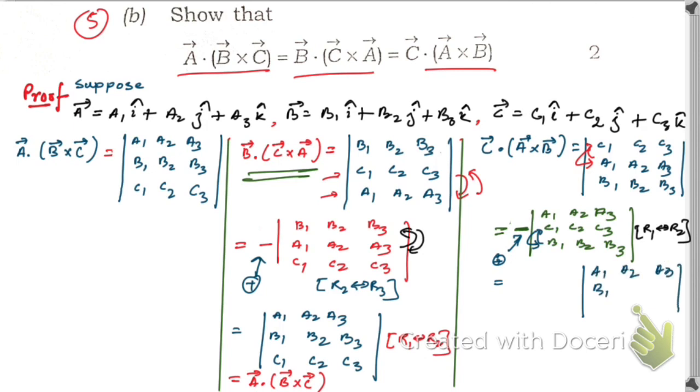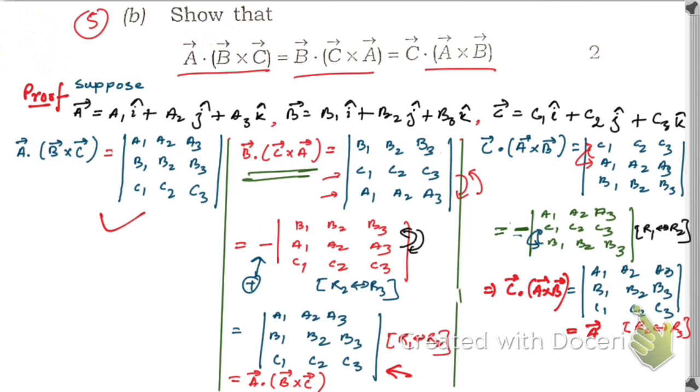So we have got this by interchanging the second and third row, right? So let us interchange here. What we have done, R2 and R3 are interchanged, right?